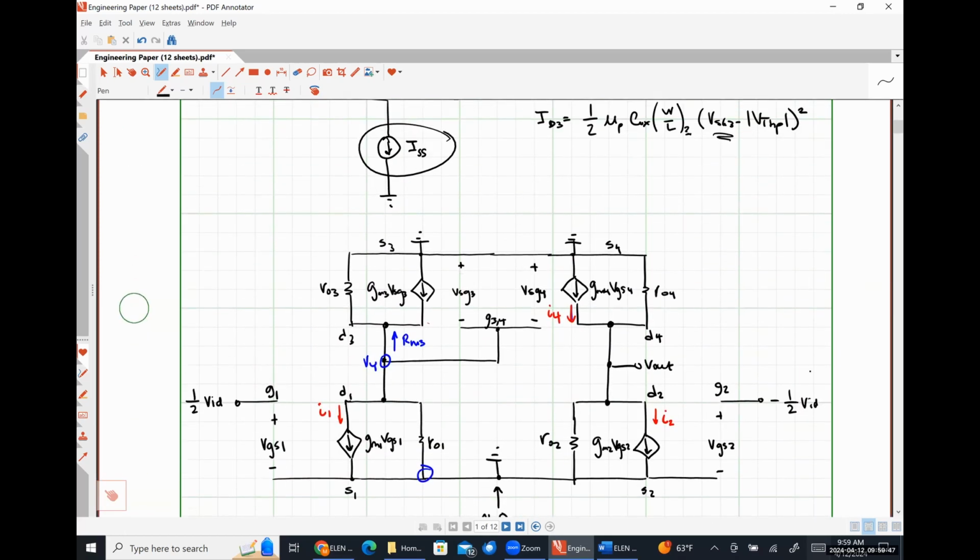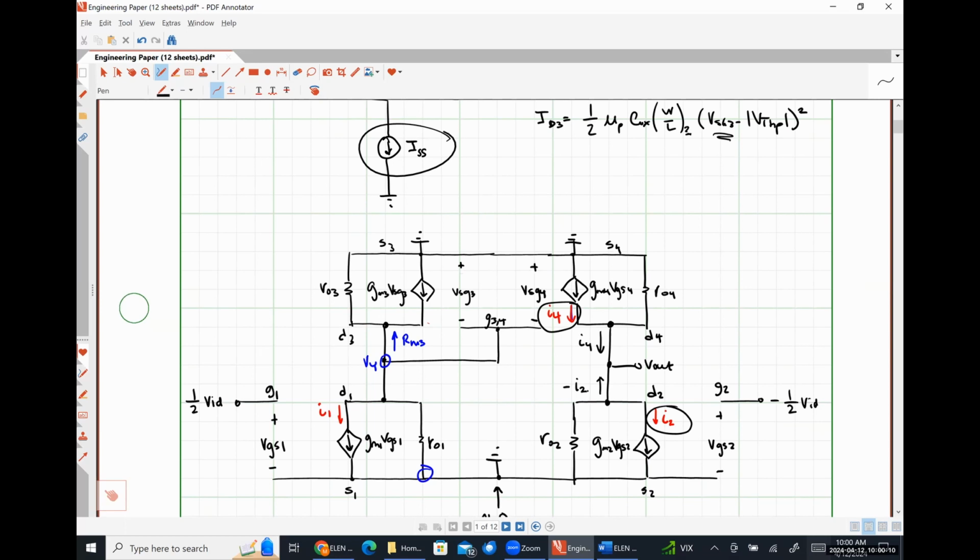And from here, we can actually figure out what our output voltage is going to be, right? So we know what I4 is. We know what I2 is, or realistically, we could say that I4 is flowing down. Negative I2 is flowing up.